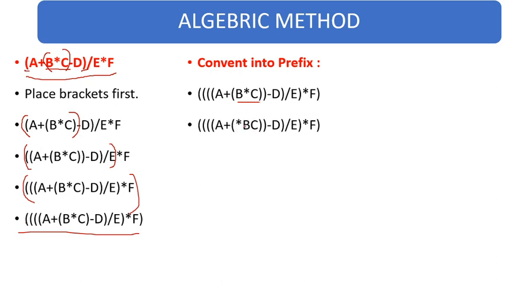Now students, see that this is operand 1, this whole is operand 2. Now this is the operator. An operator will go at the front. Okay, so our expression will be plus a multiply bc.